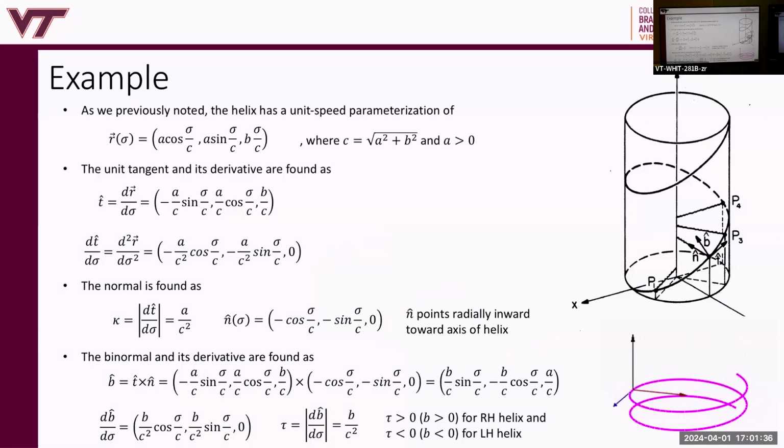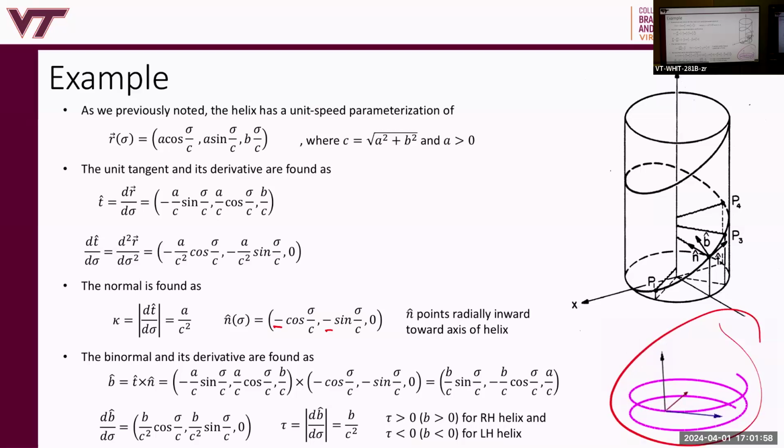That's because it's negative and negative, and it points toward the origin, because normally cosine of sigma over c, sine sigma over c is the parameterization of a circle, right? And the position vector starts from the origin and goes to the curve, but it's negated, so now it starts from the curve and goes to the origin at all points. And we can see that here in this animation.